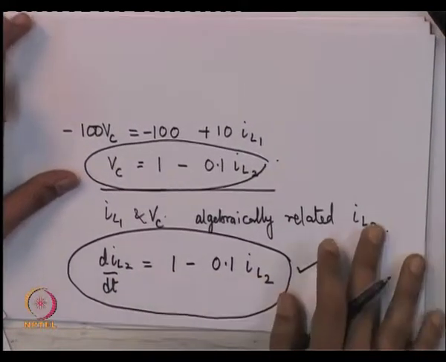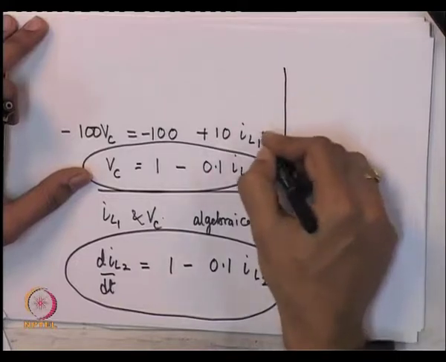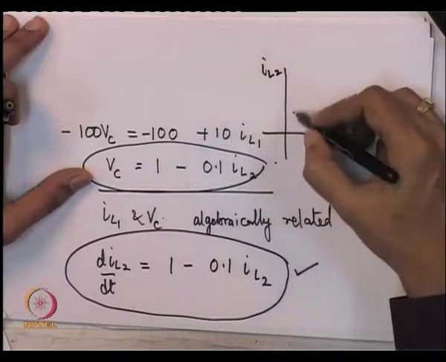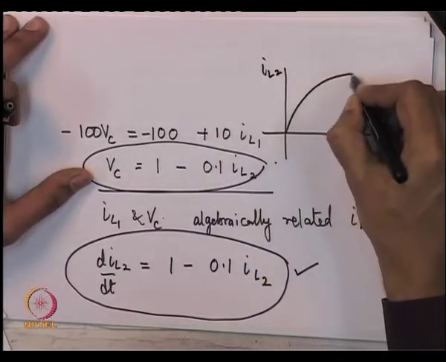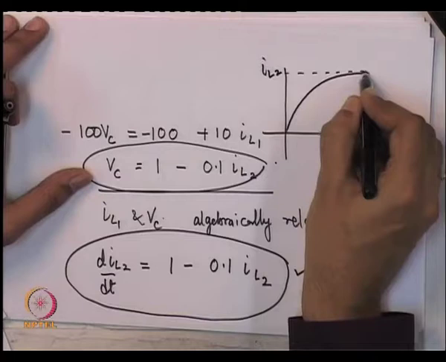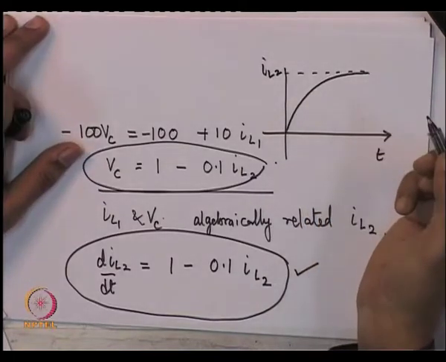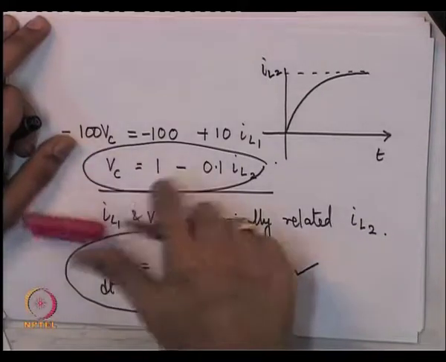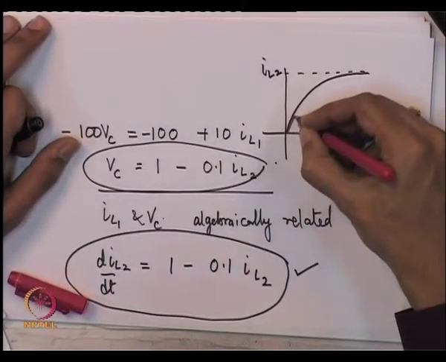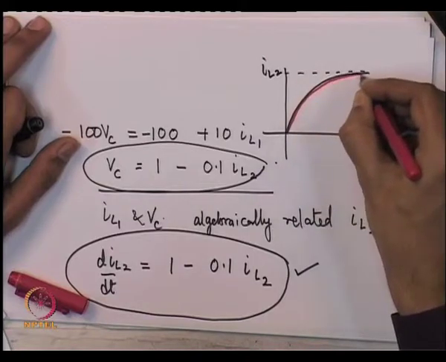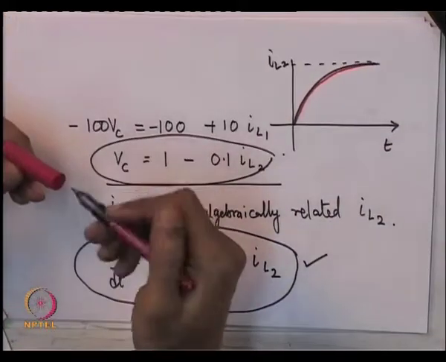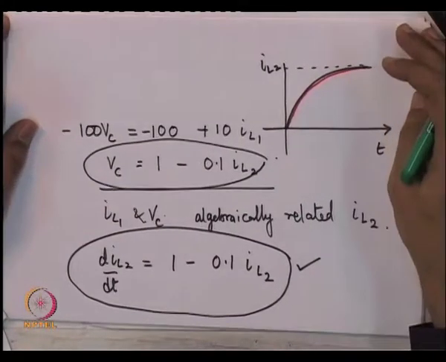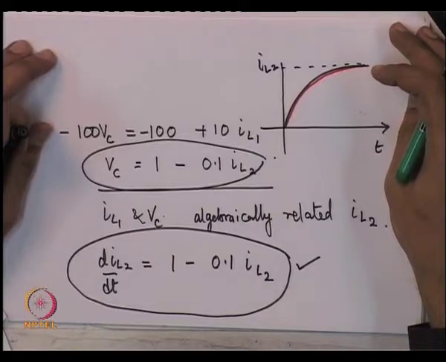So, if you look at the response of this particular system, this is the same or practically the same response as before. What about IL1? IL1 also follows the same response, because IL1 is equal to IL2, and Vc is 1 minus 0.1 IL2.